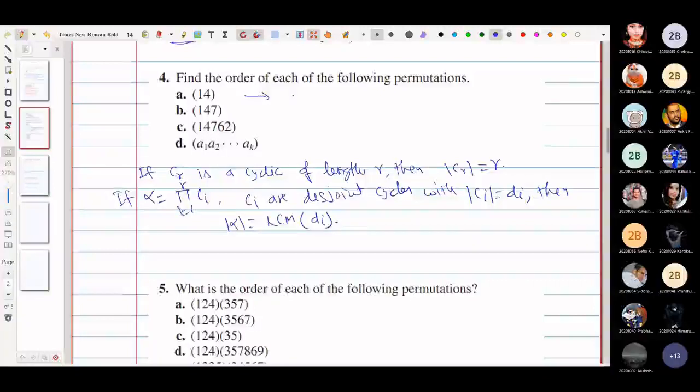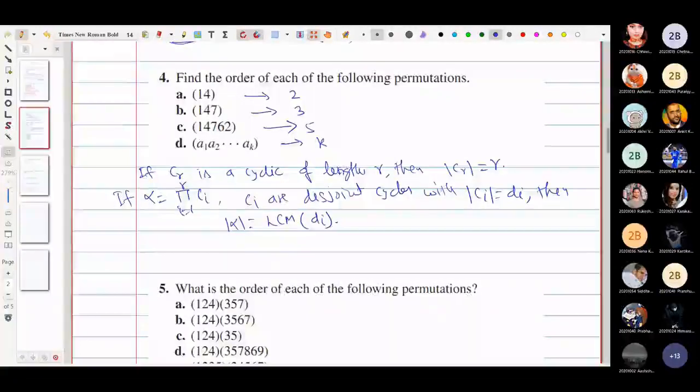So the order of this is what? Anyone? 2. This is a 2-cycle. The order of this is 3. And the order of this is 5. And the order of this is k.